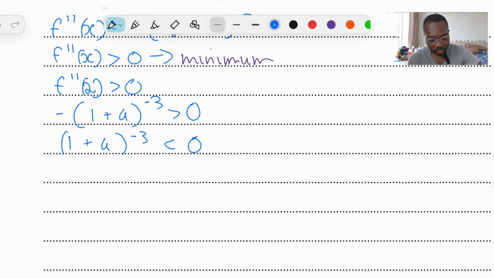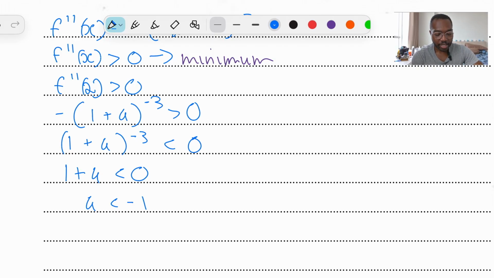If we put a value to the power of negative 3 and want it to still be negative, then 1 plus k has to be less than 0. Therefore k has to be less than minus 1, which makes sense.